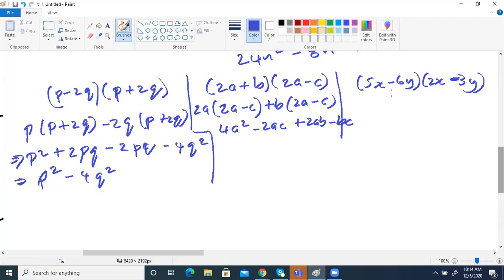All right. So what about this one? What you got? I got 10x squared minus 27xy plus 18y squared.